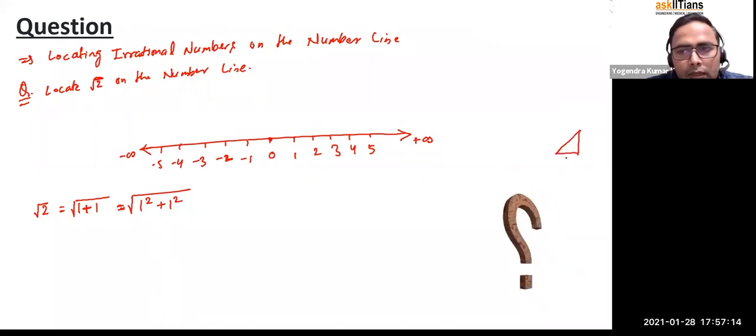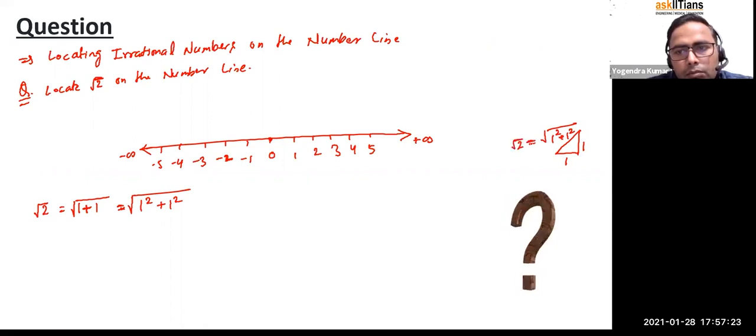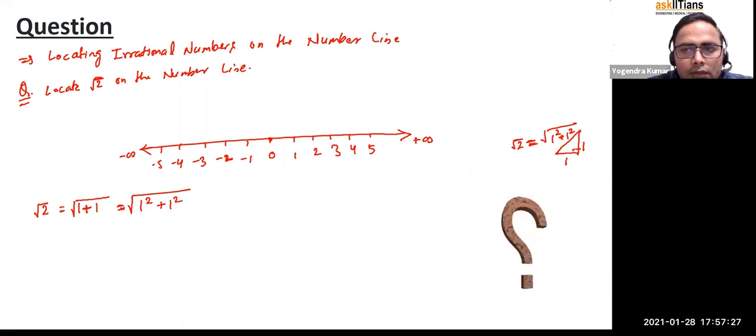In a triangle, when this is 1 and this is 1, it will be 1 square plus 1 square by Pythagoras. I hope you all know this. If any doubt is there in this also, you can clarify with the teacher, and then come back to this lecture. So this is the Pythagoras theorem.